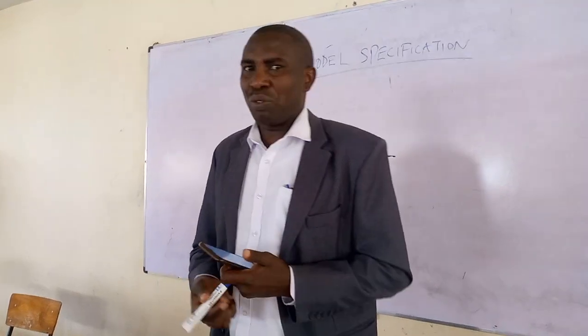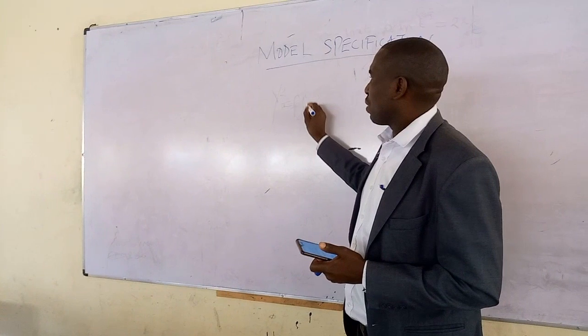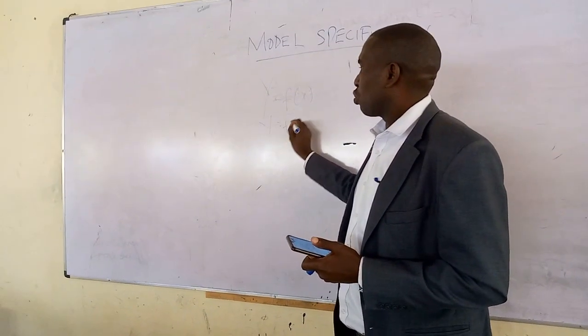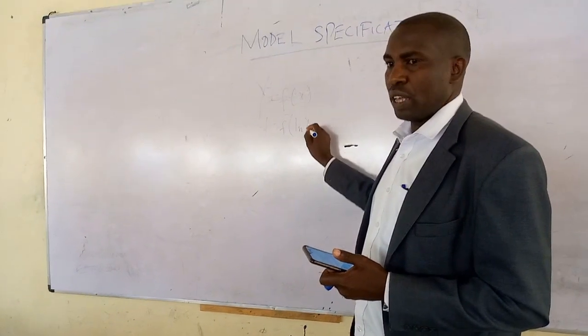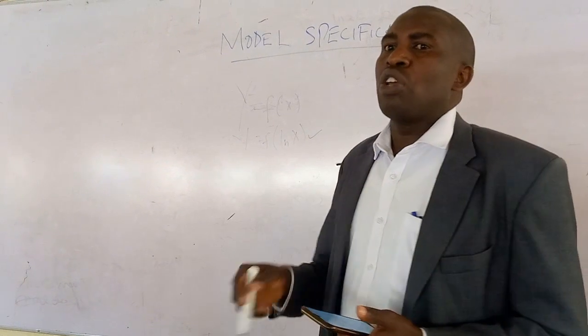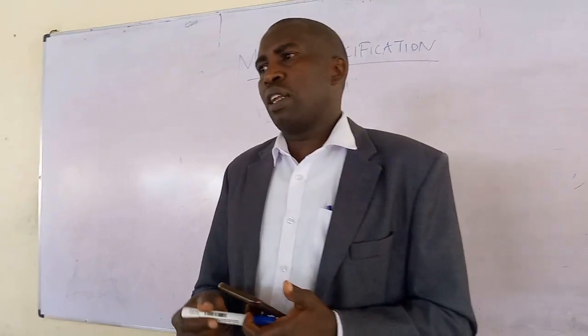For example, you consider y as a function of x instead of y being a function of ln of x. The correct one is the latter, but you pick the former. If you do, you find yourself having the problem of model misspecification.